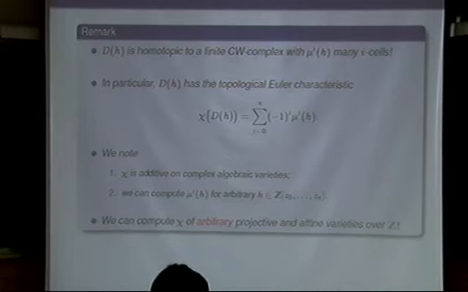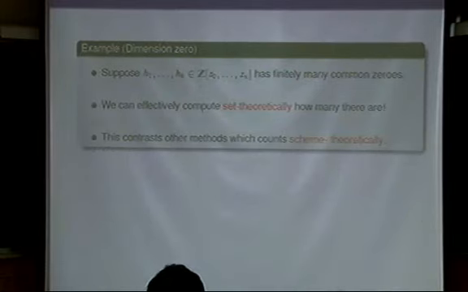I'm saying that this H defines a projective hypersurface inside a complex projective space. Okay. And I'm not saying anything outside the complex case. So this is a particular case of interest.